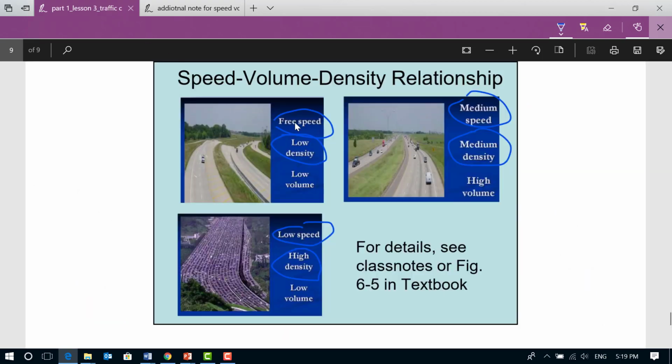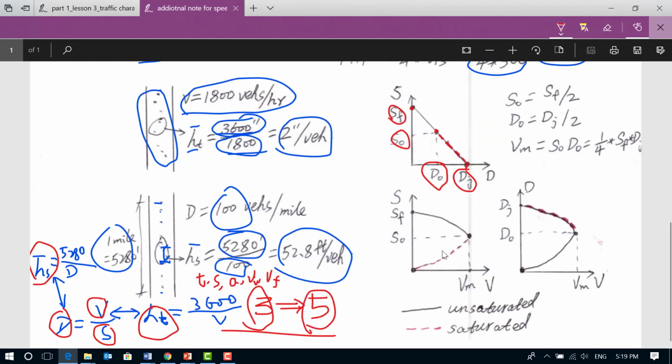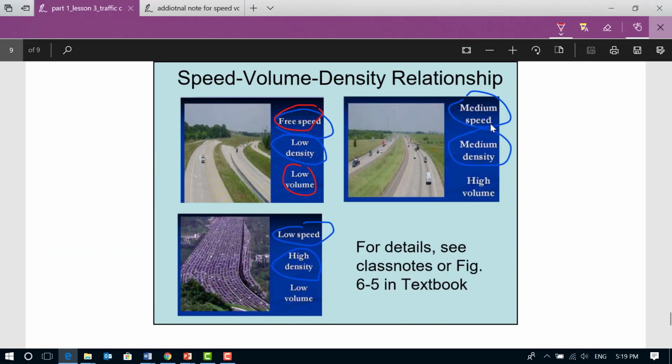Now let's find the relationship between speed and volume. For free speed and low volume, the speed is relatively high but the volume is very low, as low as 0. Then medium speed and high volume.